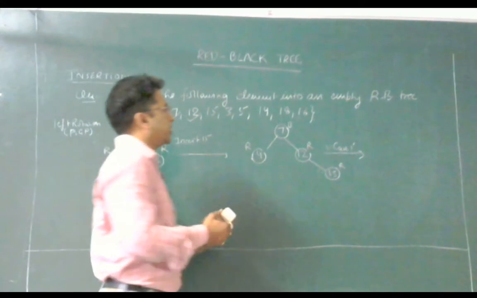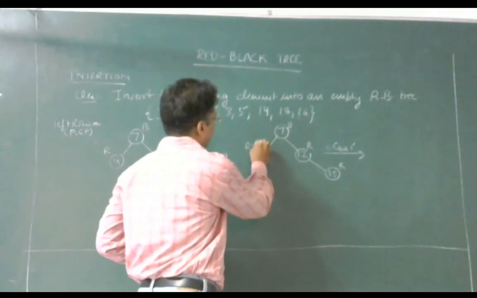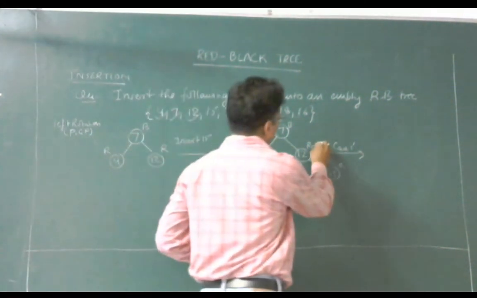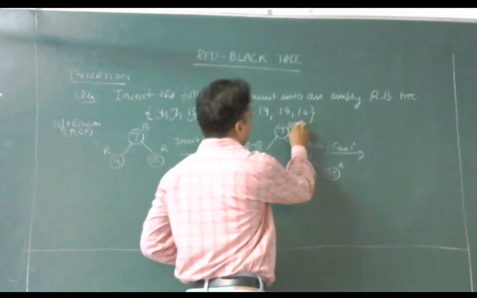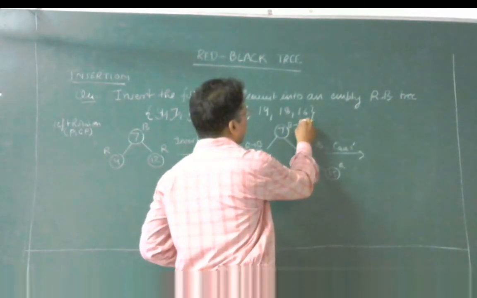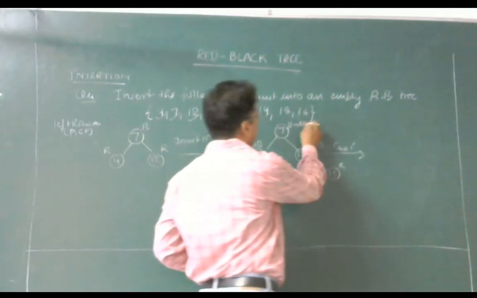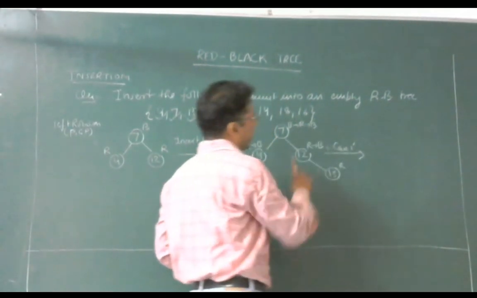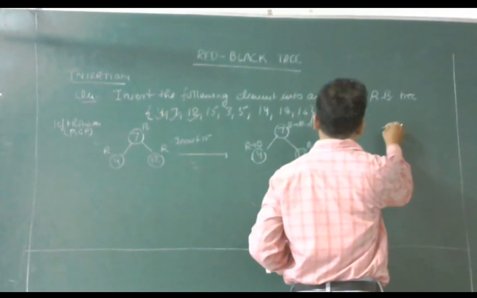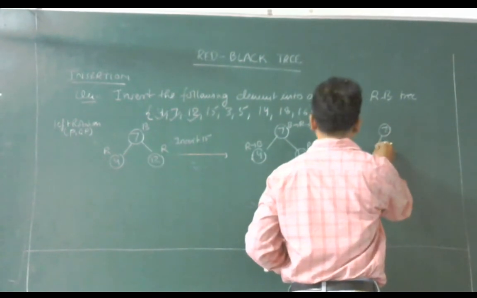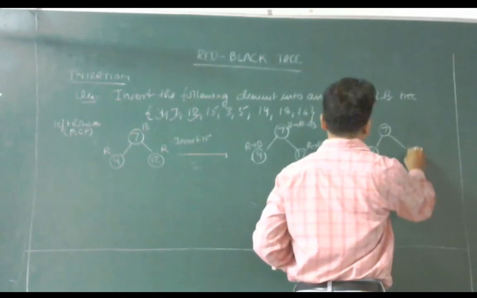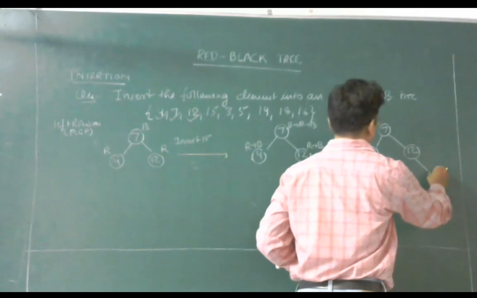So we will change the color of the uncle into black, the parent into black, and the grandparent into red color. After case 1 dash, this will appear like this: 7, 4, 12, 15.